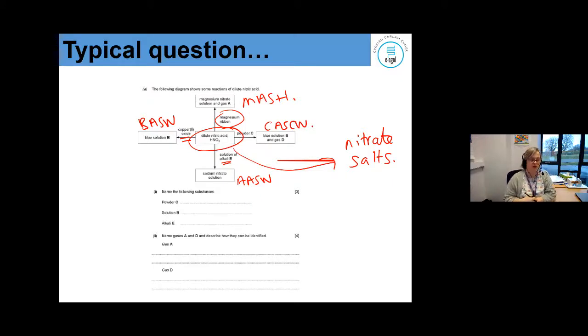So if you look at the question they're asking you, what is powder C? Well, powder C made a blue solution of B. So it's a bit of a treasure hunt, I suppose. You have to work out what B is as well. But if you look at it, B was copper oxide added to nitric acid. So we know that B is therefore going to be copper, and because it's nitric acid, copper nitrate.